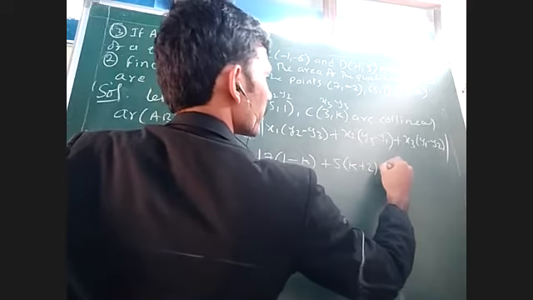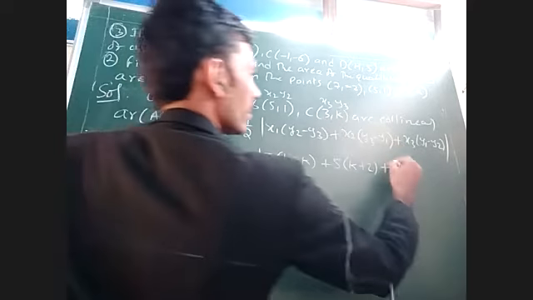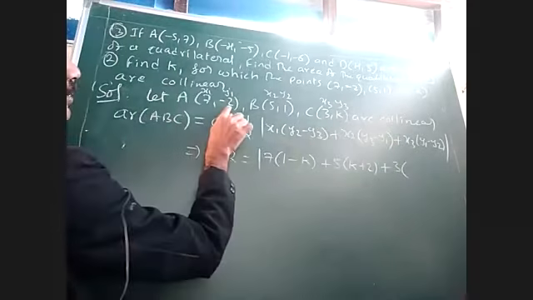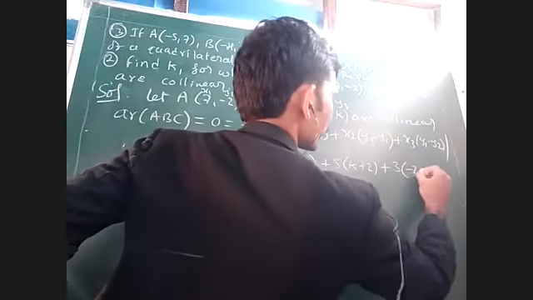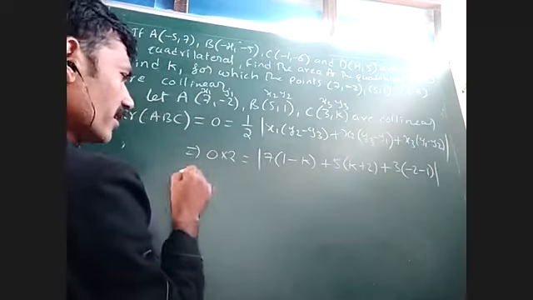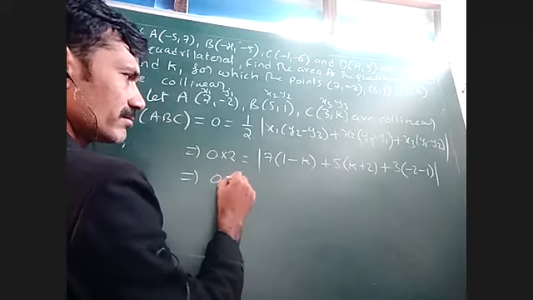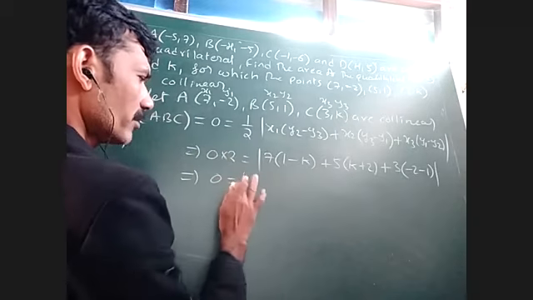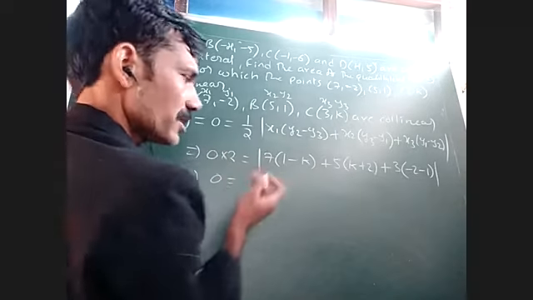Plus x3 is 3, times y1 minus y2, that is minus 2 minus 1. Here this side is 0, no need of modulus also. We have to simplify and get the k value.